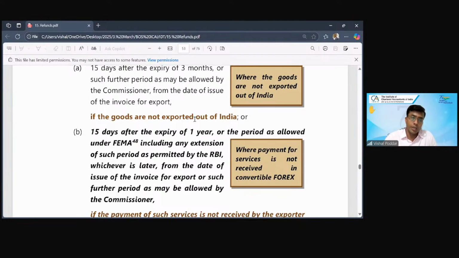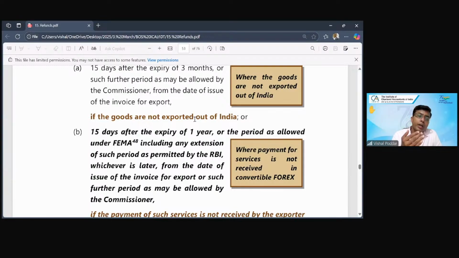So let us say in this month, I make an invoice showing that these goods are to be exported. Now what happens practically? My factory is in some interior part of India. I will remove the goods, load them on a truck and send them to Bombay port.